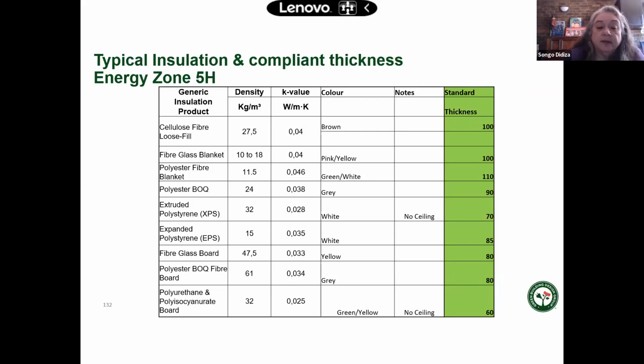And you see the difference between the boards, so the polystyrenes, polyurethanes and polyisocyanurates, is that, let me go back, the polyesters, the cellulose loose fill, and the glass blankets, which is like a Thinkbig Aerolite, they work because the fibers trap air.